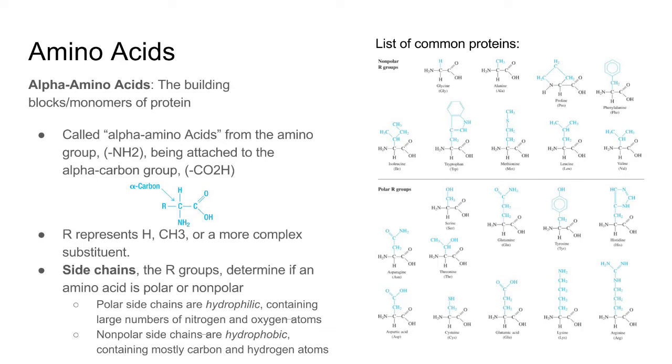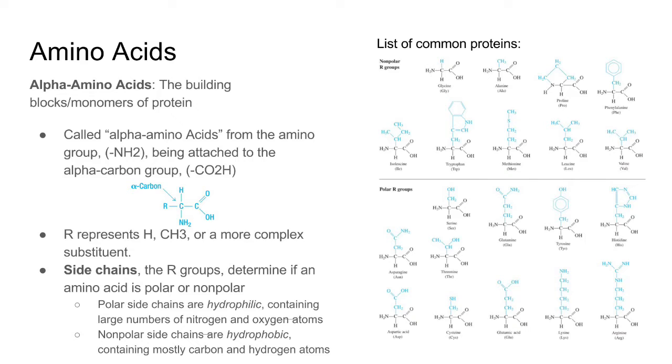The R groups are side chains that determine if an amino acid is polar or nonpolar. Polar side chains are hydrophilic, which contain large numbers of nitrogen and oxygen atoms. Nonpolar side chains contain mostly carbon and hydrogen atoms and are hydrophobic. To the right is a list of common amino acids, which contain nonpolar and polar R groups.